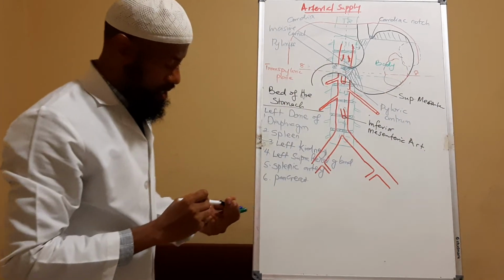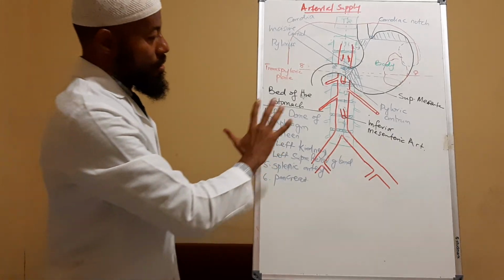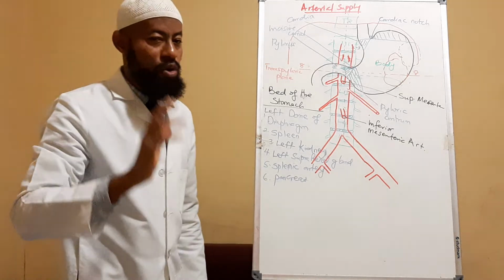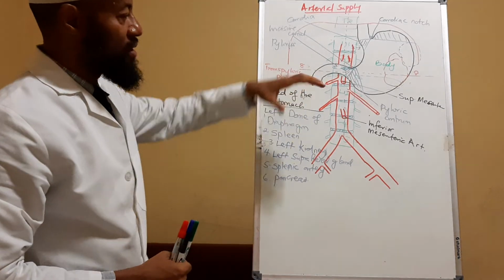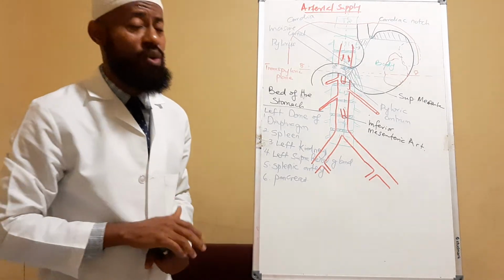Now let us concentrate a little bit on the celiac trunk. But the general anatomical outline is what I want you to get, the relationship between these branches of the aorta. That's what I want you to get.